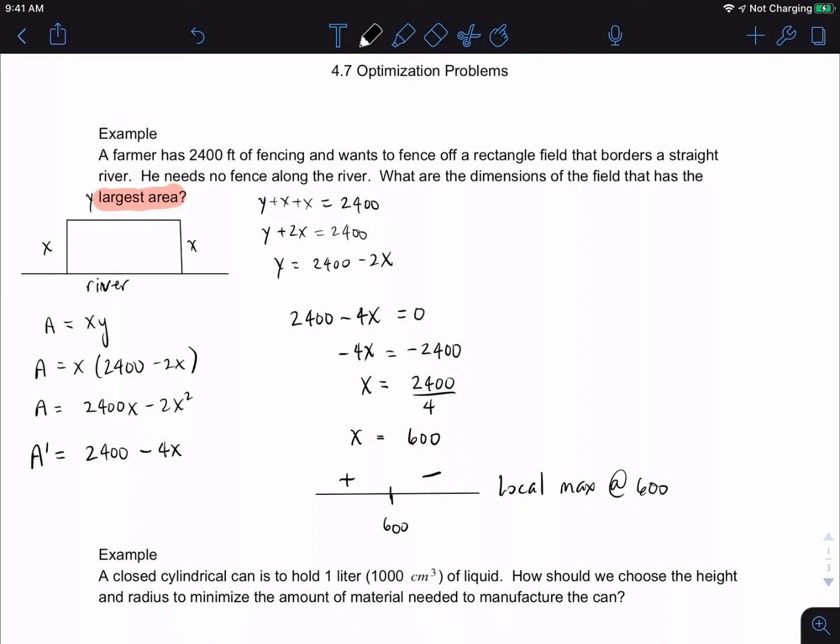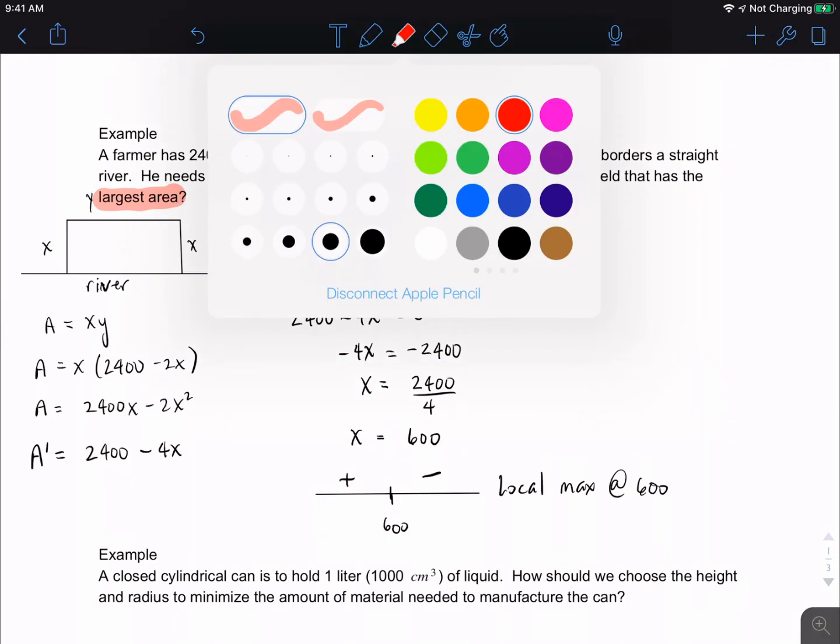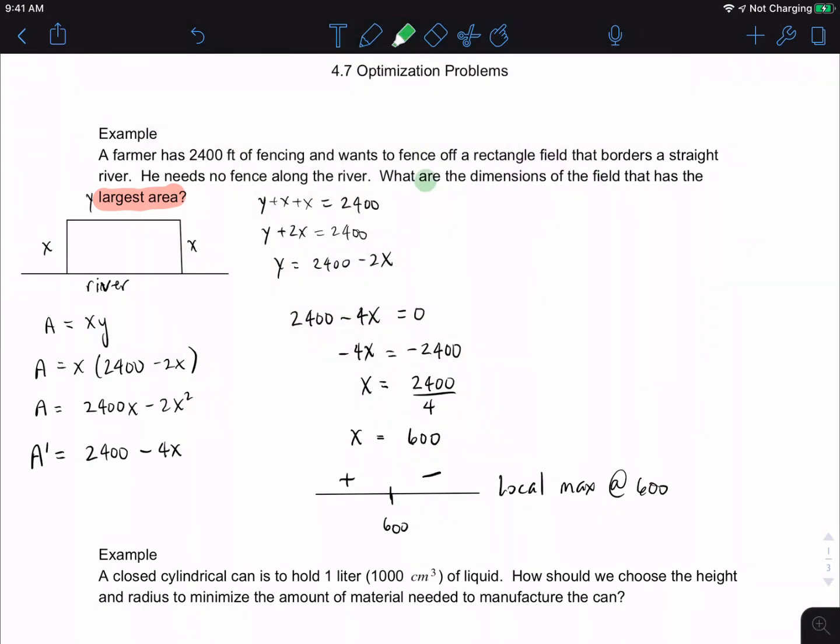Now, the problem, though, isn't asking for where it occurs. And this is important for us to see, it's asking for what are the dimensions. So we want to know the dimensions of this thing. So we know that our width is 600, right? Our width is going to be 600, but our length, and this should be in feet, let's make sure that we have the right units, our length then is going to be 2,400 minus 2X.